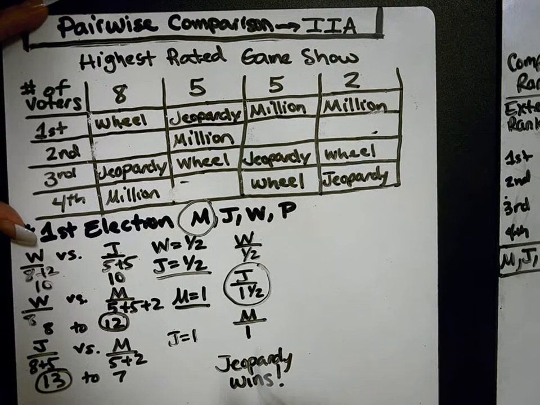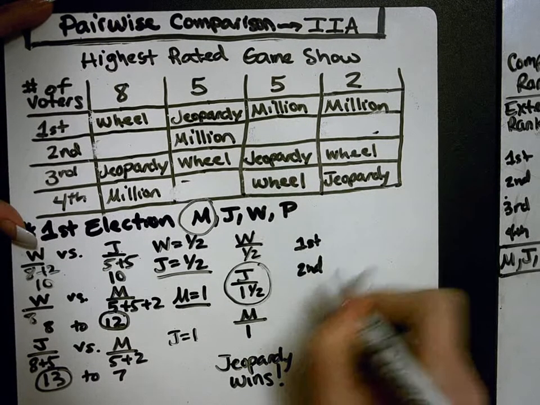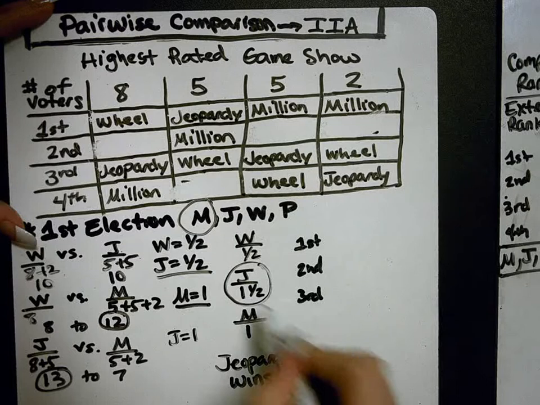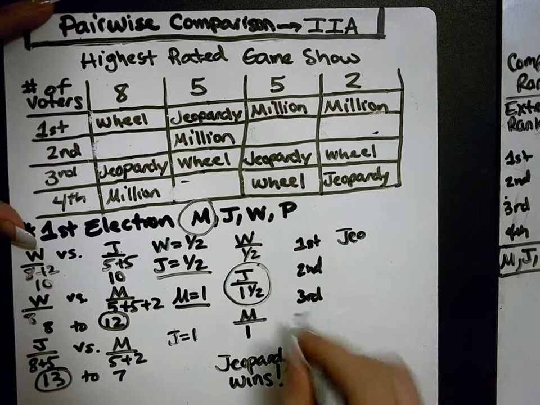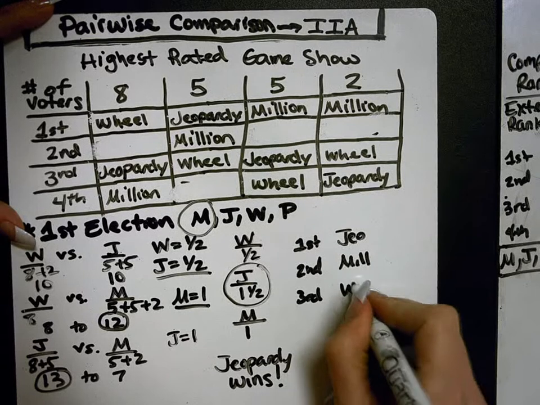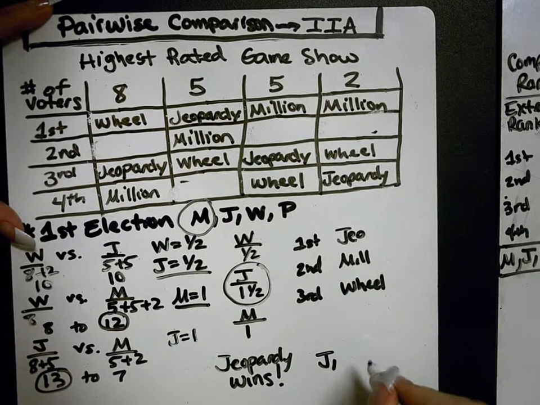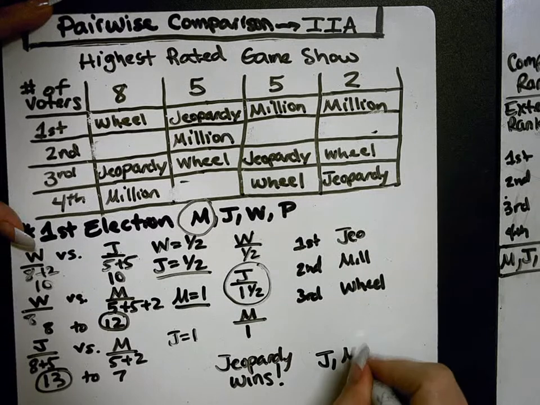So the complete ranking for this would be whoever's in first, second, and third. Jeopardy is in first, Millionaire is in second, and Wheel is in third. So our complete ranking would look like Jeopardy, Millionaire, and Wheel.